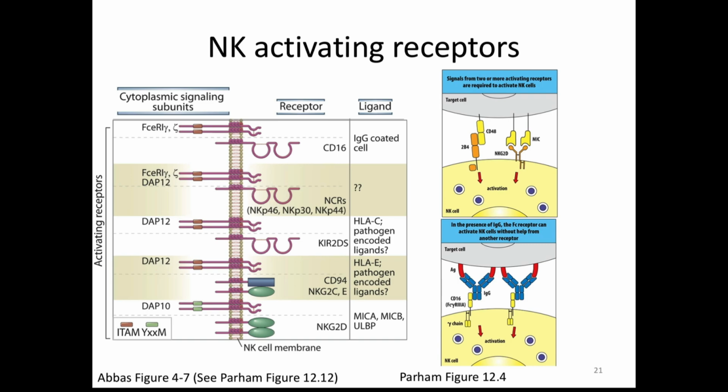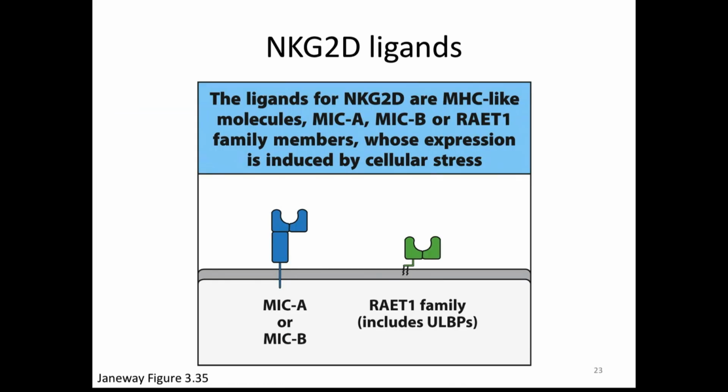You're going to see NKG2D on our next slide coming up. So we have this receptor, it's called NKG2D. NKG2D is an activating NK receptor. And NKG2D binds to a couple of different types of proteins.